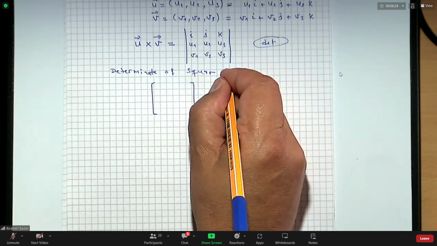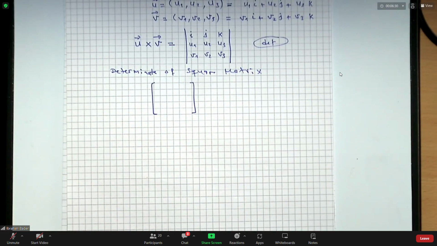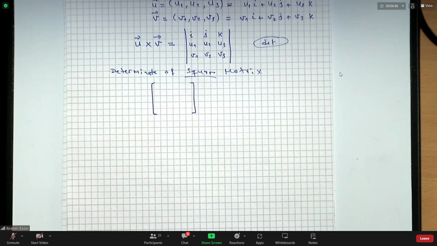A matrix is just a rectangular arrangement of numbers or values in columns and rows. This is all you need to know. If the number of columns and the number of rows is equal, this is what we call a square matrix. So it doesn't make any sense to talk about a determinant of any other dimension than the same number of columns and rows. This is number one. The concept of square matrix is clear.